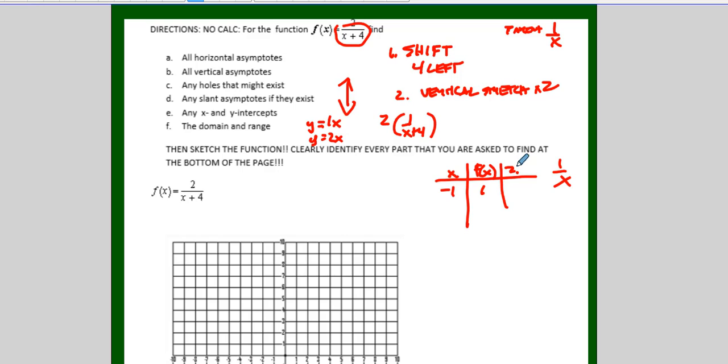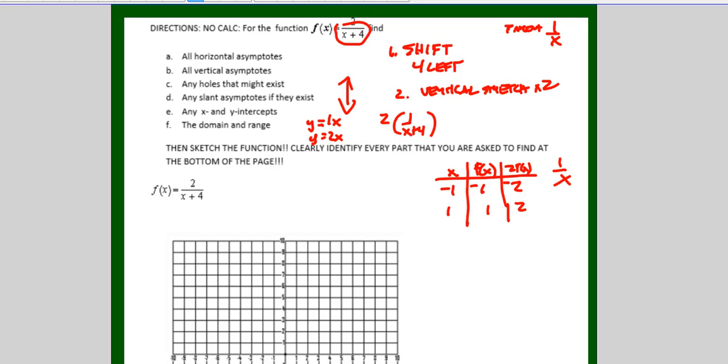So 2f of x, which is analogous to this, would be negative 2. If x is 1, then 1 over 1 is 1, and in this case we're doubling it with that 2, so this would be 2. So you have the points negative 1, negative 2, and 1, 2.